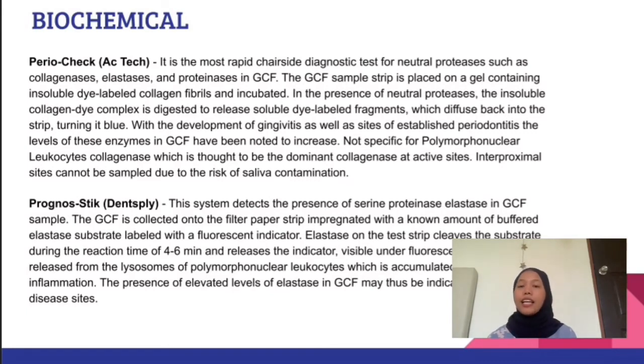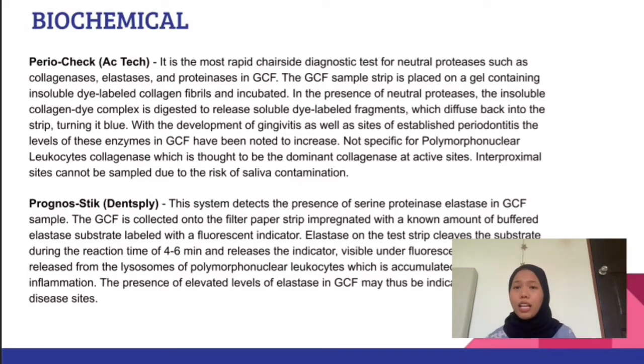Alright, next is Prognostic. The system detects the presence of serine proteinase elastase in the GCF sample. So how? The GCF is collected into a filter paper strip impregnated with a known amount of buffered elastase substrate labeled with a fluorescent indicator.